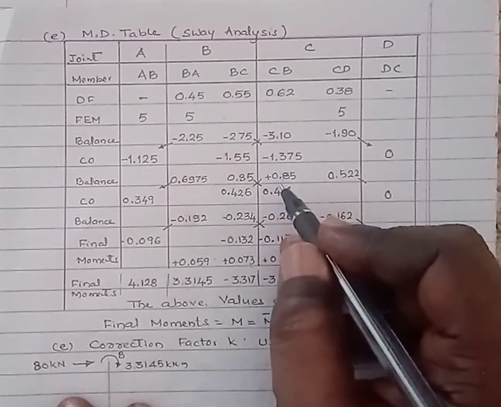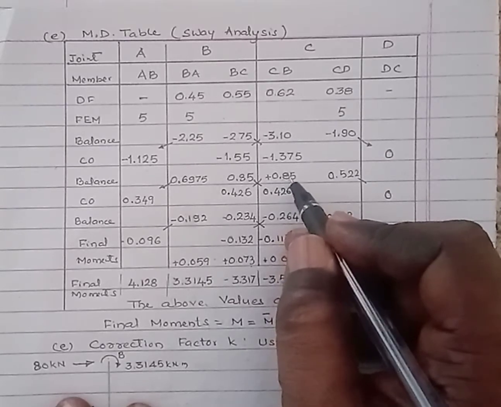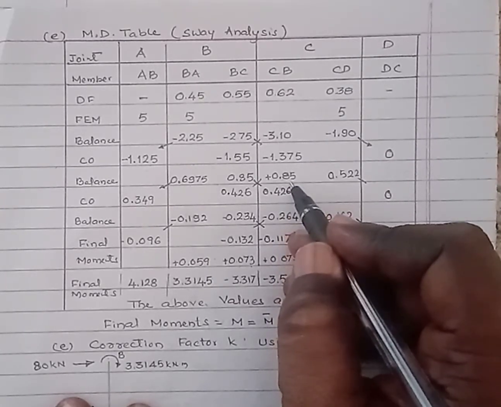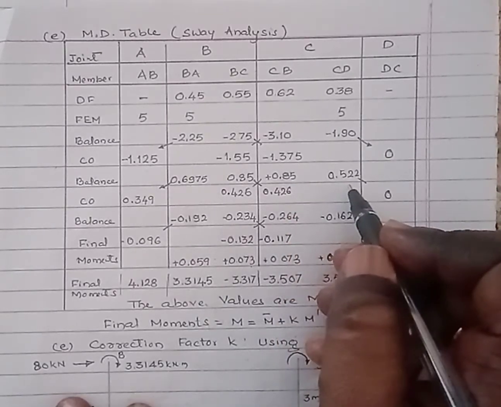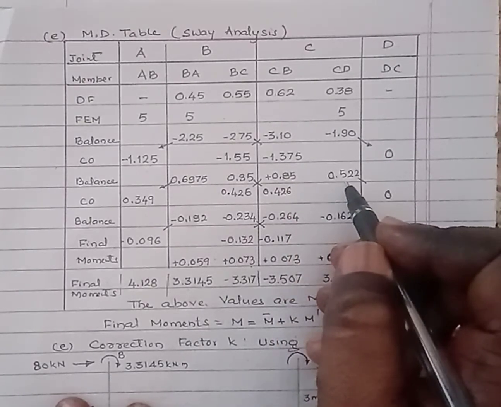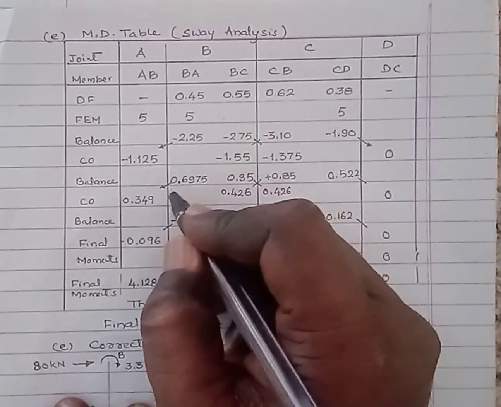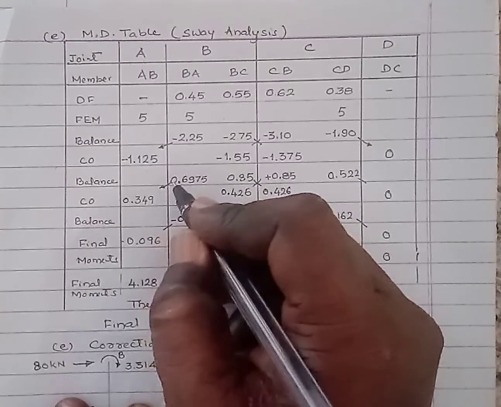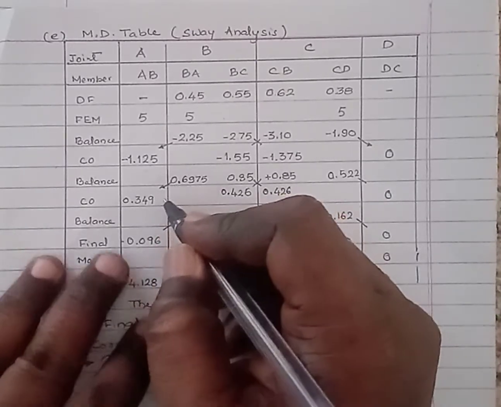We have to balance this by adding plus 1.375, 1.375 into 0.62, that is 0.85, plus 1.375 into 0.38, that is 0.522.